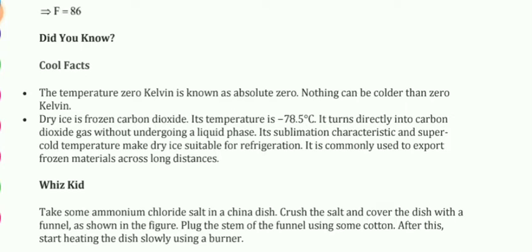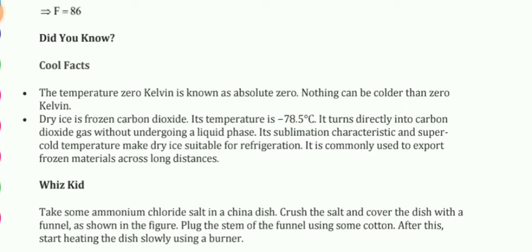Now you have some idea about dry ice. So dry ice is frozen carbon dioxide, means solid carbon dioxide is dry ice, and its temperature is minus 78.5 degrees centigrade. Look, remember these points, these are important for objective questions.